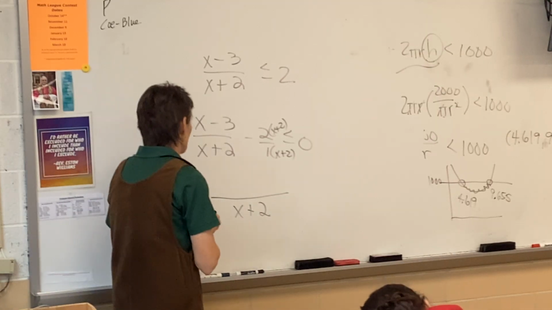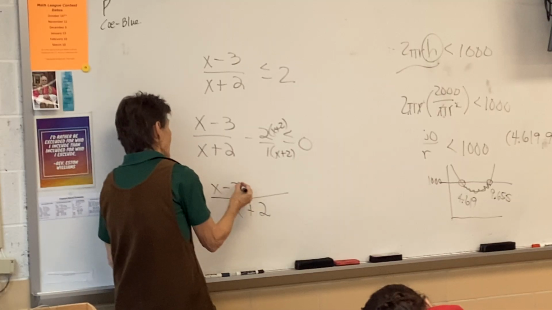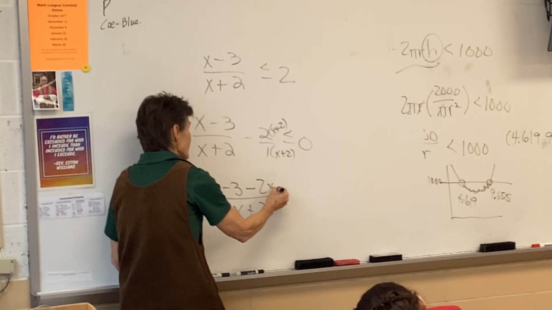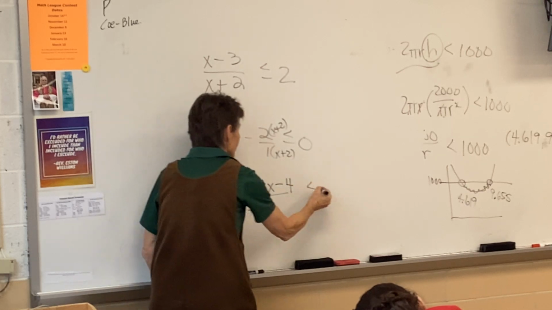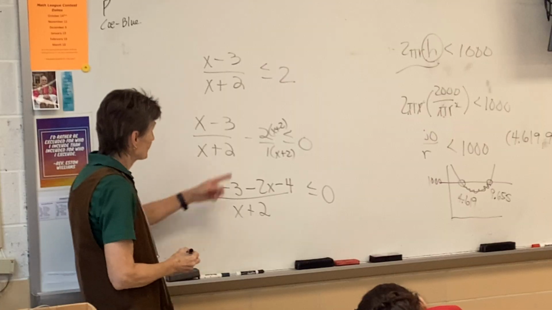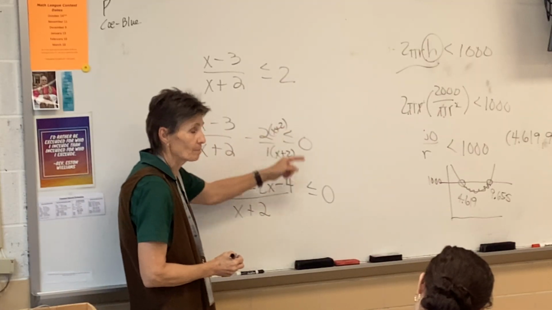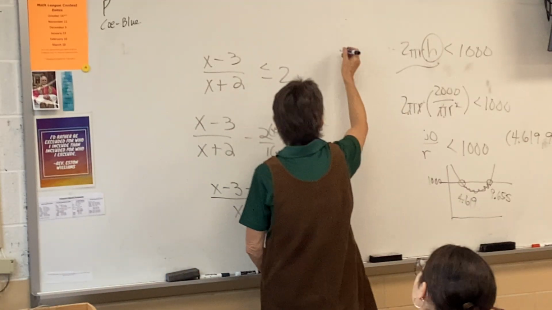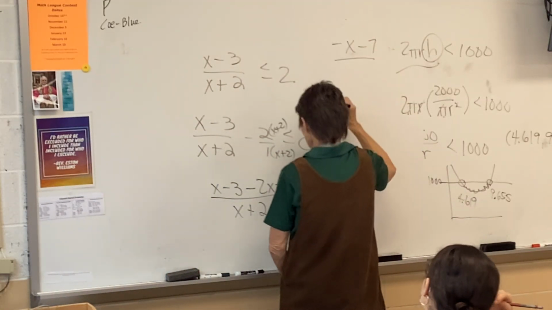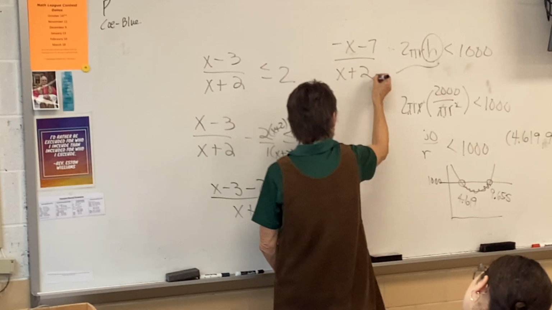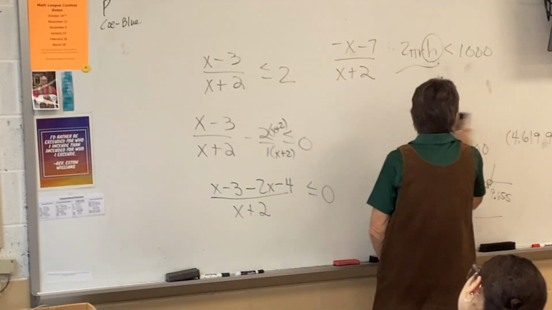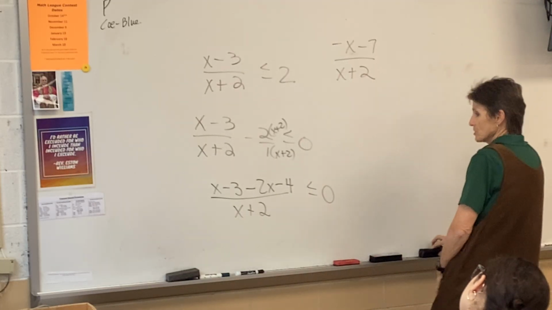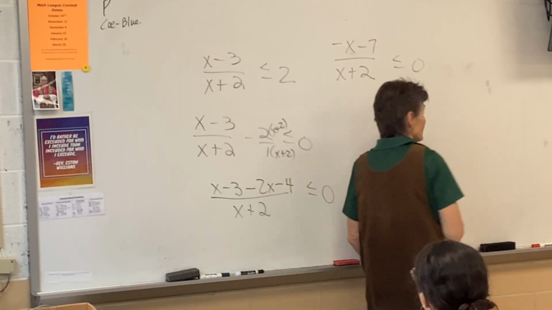And what will the numerator be? x minus 3 minus 2x minus 4. You're distributing -2. So negative x minus 7 over x plus 2, is that my fraction? And that has to be less than or equal to 0?